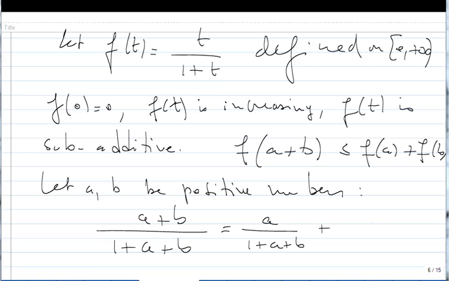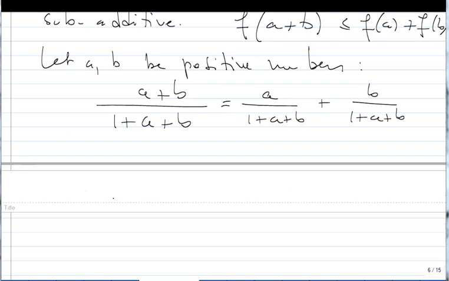Armed with this function f, see now that rho of xy is f of d of xy.